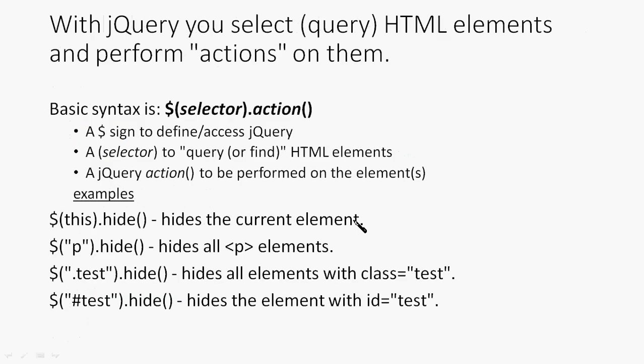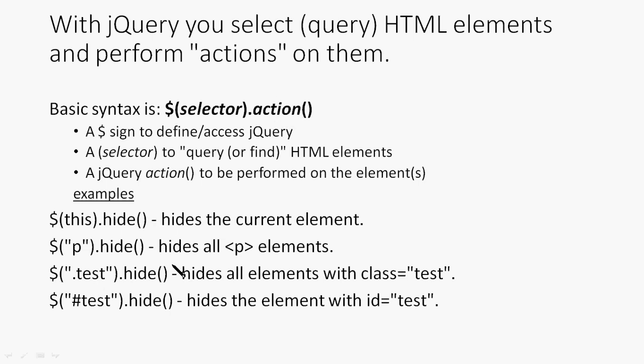Then next, how can you select with jQuery? I already said that jQuery can select HTML elements and perform actions on them. What is the basic syntax? You just mention dollar, selector, dot, action. The selector is the HTML element, maybe a paragraph or anything. The action is the method that is available in jQuery.